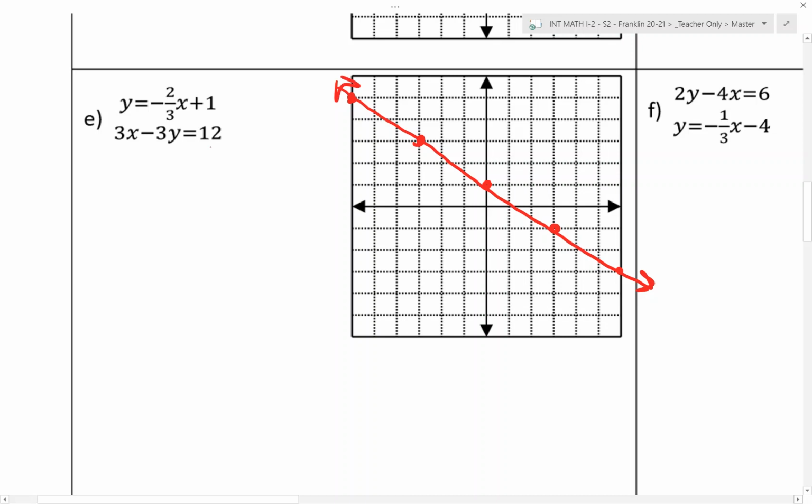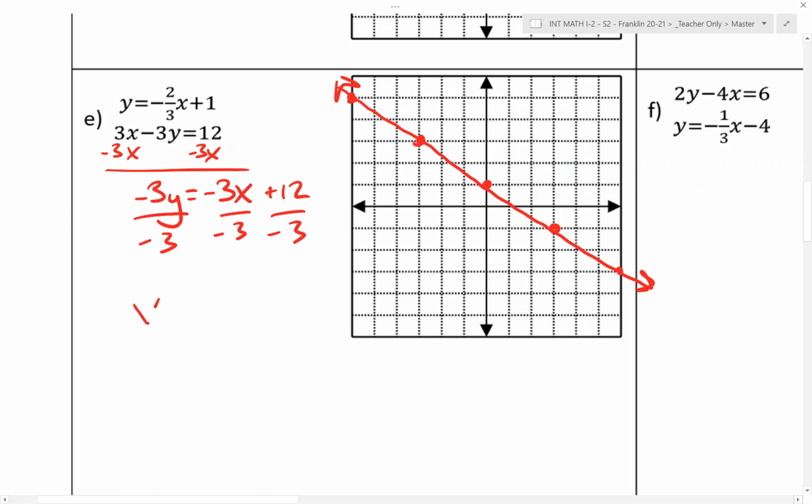But now we have to solve this one for y. So first thing we're going to do is subtract 3x from both sides. Remember, you want to write the x term first because you want slope-intercept form. So negative 3y equals negative 3x plus 12. Then divide everything by negative 3. So y equals 1x, positive 1x, minus 4. So we'll graph this. Start down at negative 4. Slope is 1, or 1 over 1.